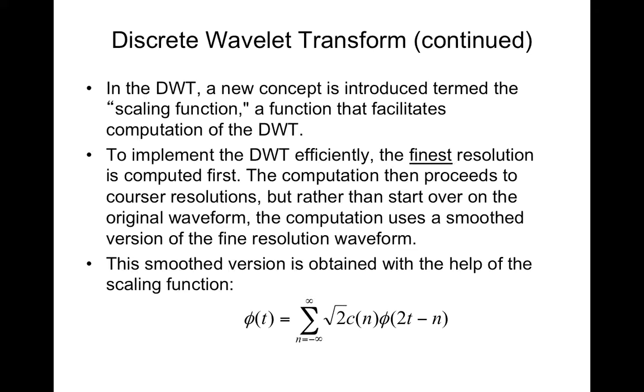The other thing is you compute the finest resolution first, and then you do coarser and coarser resolutions. And instead of starting on the original waveform, you use a smooth version of the fine resolution waveform. So there's a figure that shows up in a slide or two that will illustrate this a little more clearly. But basically, here's the equation for how we're going to do the signal, the smooth version.